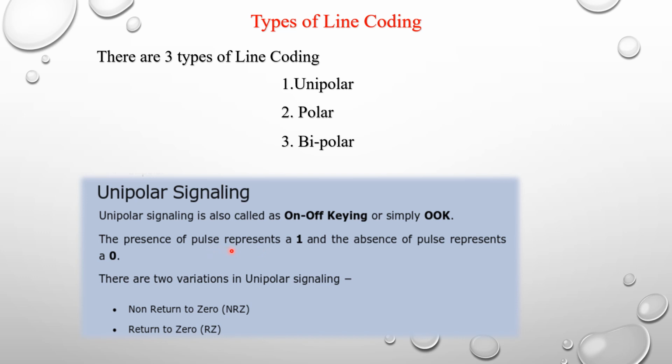The presence of a pulse represents a 1 and the absence of a pulse represents a 0. In unipolar signaling, there are two variants: the first one is non-return to zero and the second one is return to zero. 1 is represented as on and 0 is represented as absent or off.